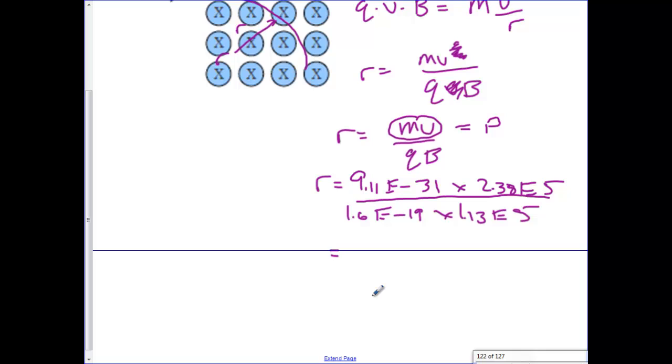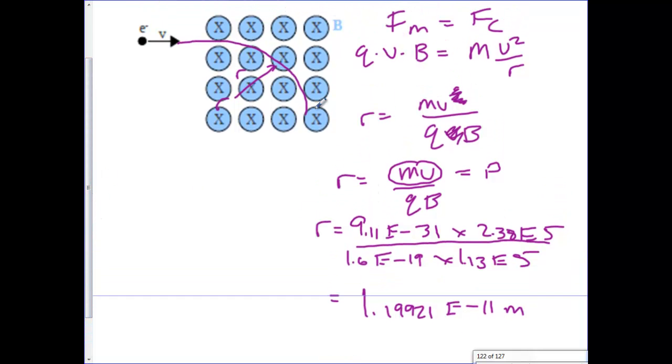I got 1.19 times 10 to the negative 11. You got that too?